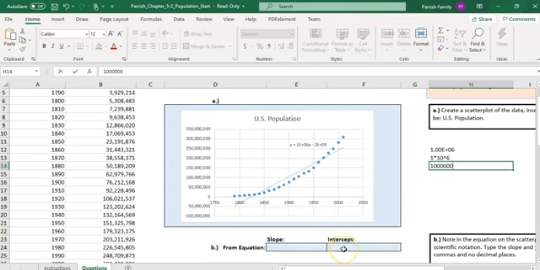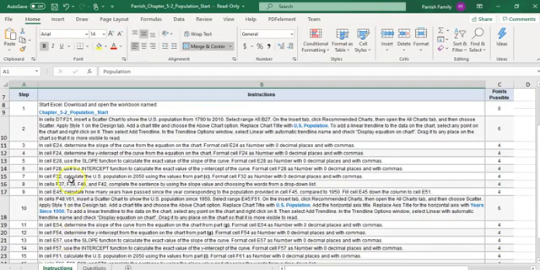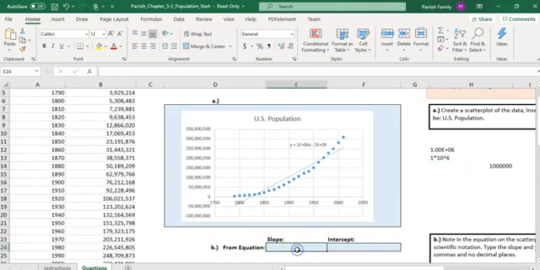Then we're going to do the same thing for the y-intercept. So let's look at our directions real quick. It tells us in E24, determine the slope, formatted as a number with no decimal places and with commas. So we're going to put in that number, 1 million, here. We're going to go up here and format it as a number.